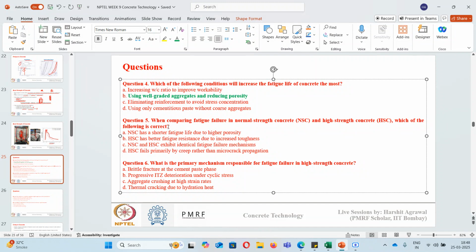Question number 5. When comparing fatigue failure in normal strength concrete and high strength concrete, which of the following is correct?